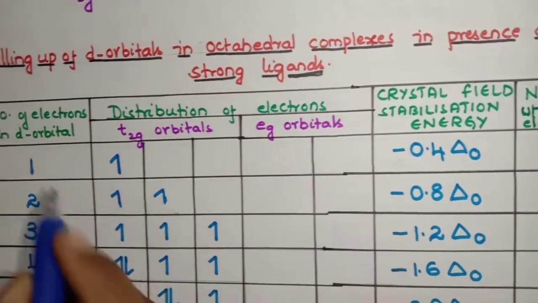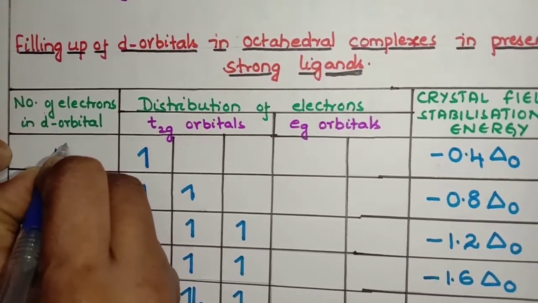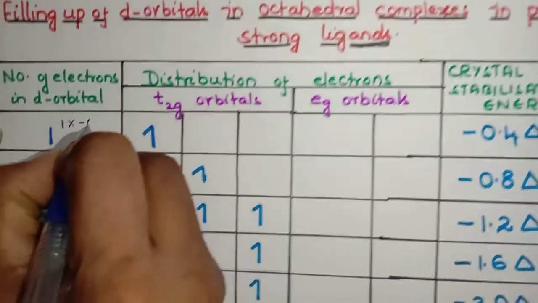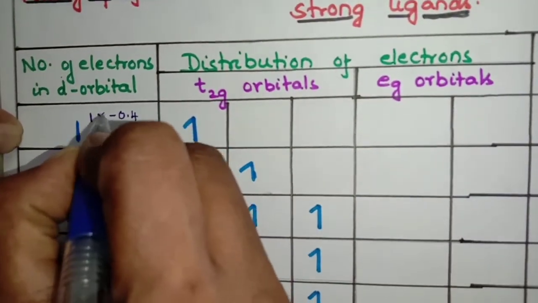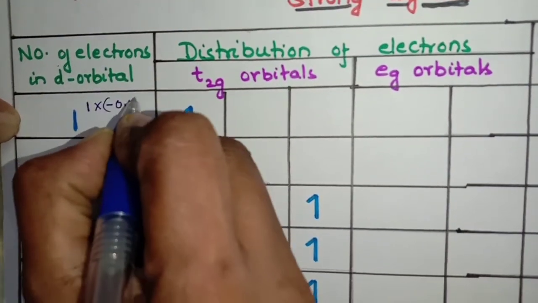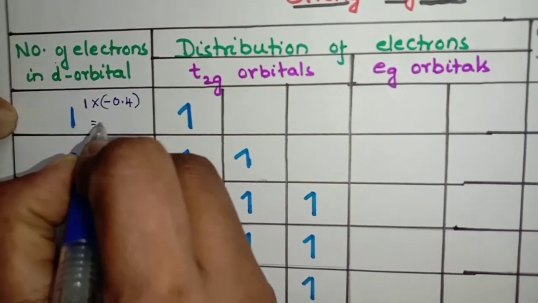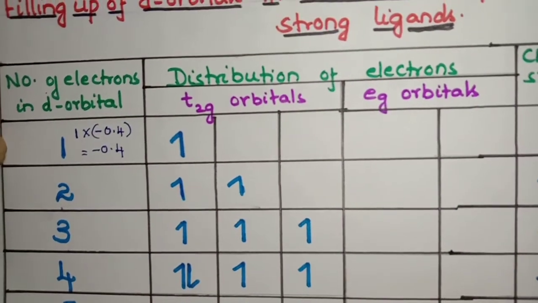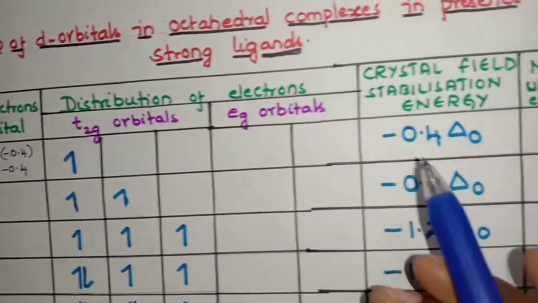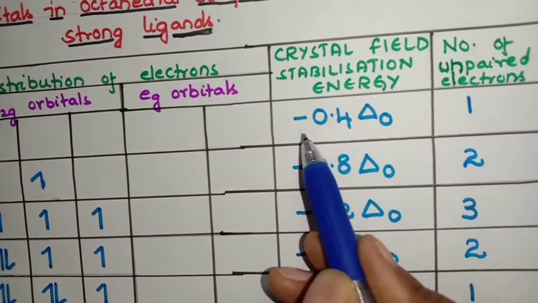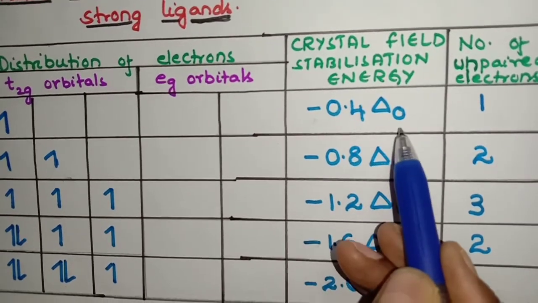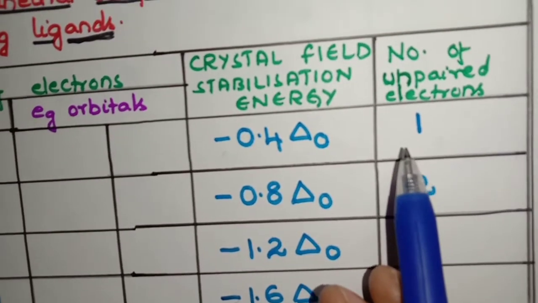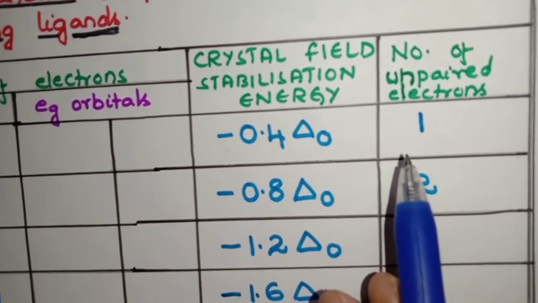From the formula, 1 into minus 0.4 is equal to minus 0.4. This is what I have written here: crystal field stabilization energy minus 0.4 delta O. And the next column, number of unpaired electrons, it is 1. Understood, students?